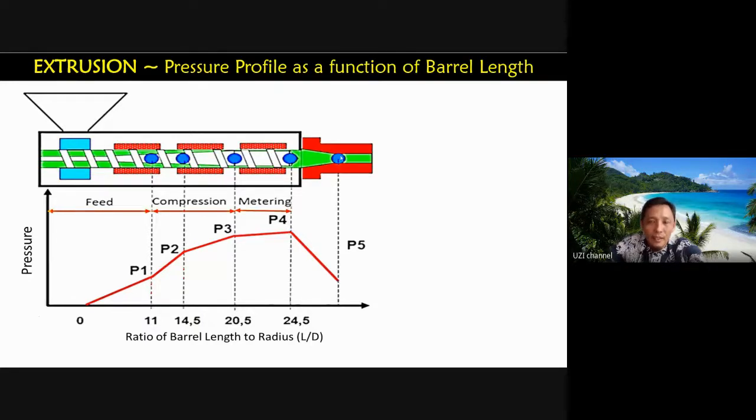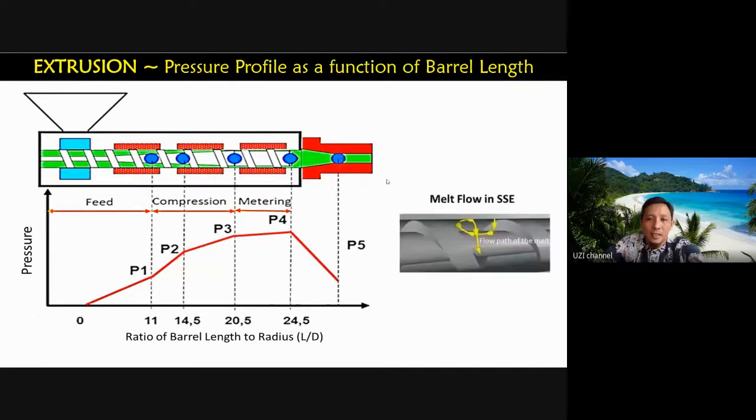In the nozzle area the pressure slows down, and finally touches the air, meaning the pressure returns to normal. And this is the melt flow in the single screw extrusion. I think it is the reverse way.